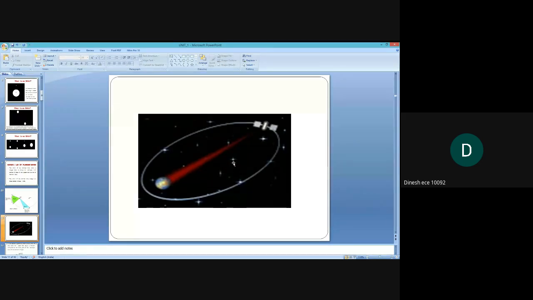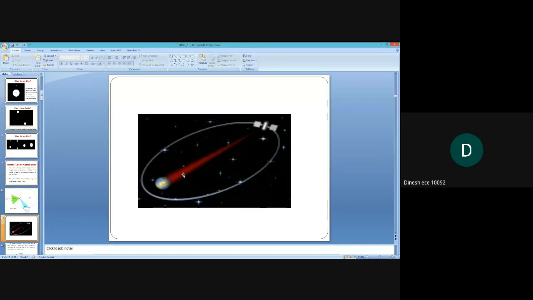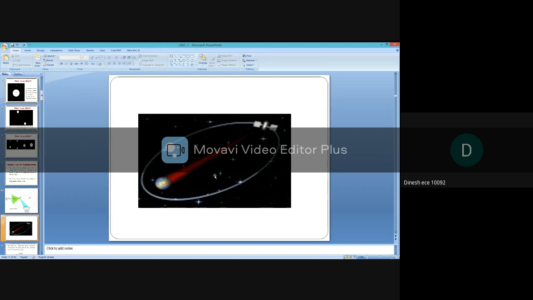You can see an image of a satellite revolving around the Earth. This satellite focuses on the Earth for a particular geographical area.